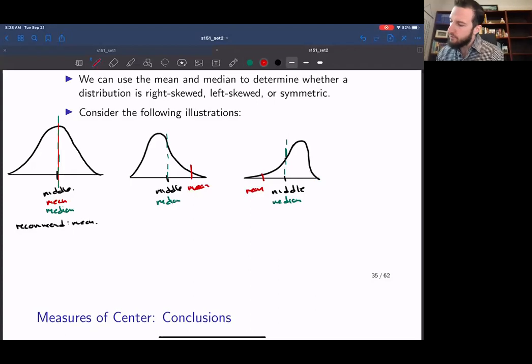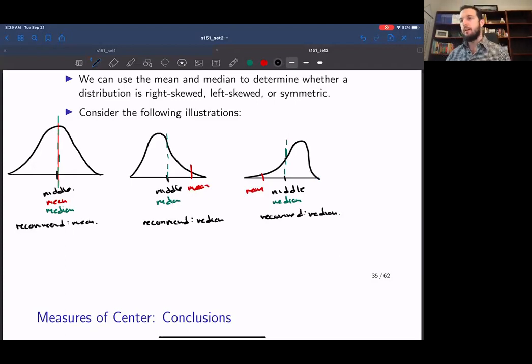So in these two situations, we would recommend the median, right?